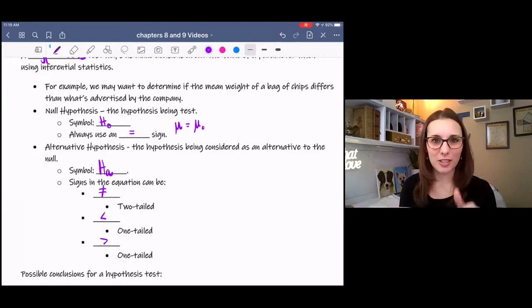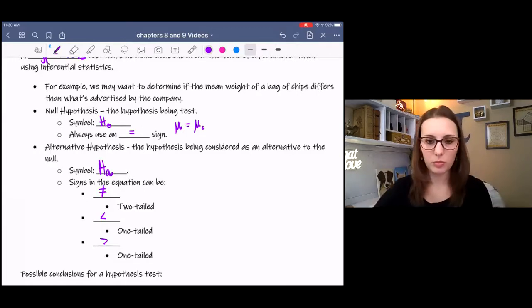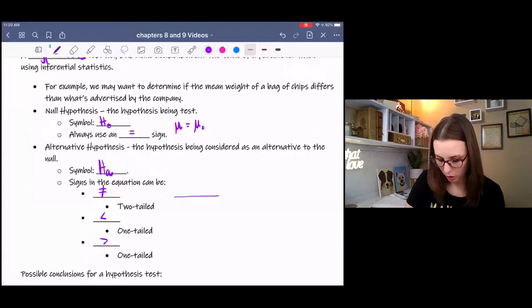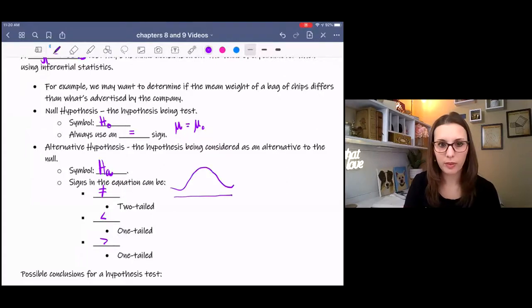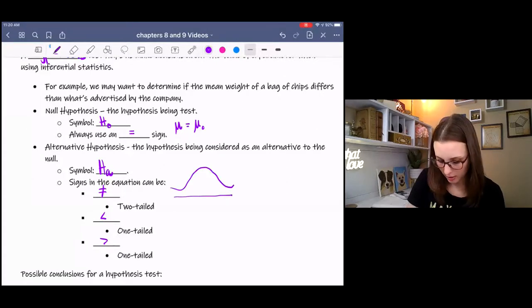So I wrote underneath that two-tailed, one-tailed, one-tailed. Basically, if we say we think that the mean weight of chips is not equal to what's being advertised, then it would be a two-tailed test. That would look like your normal curve, and we're checking this region.